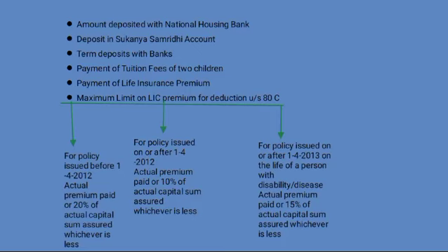Next category is for a policy issued on or after 1st April 2013 on the life of a person with a disability or a disease. In this case, actual premium paid or 15% of actual capital sum assured, whichever is less, shall be qualified as deduction under section 80C.